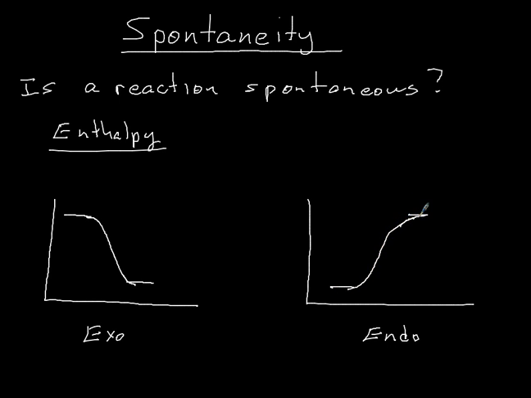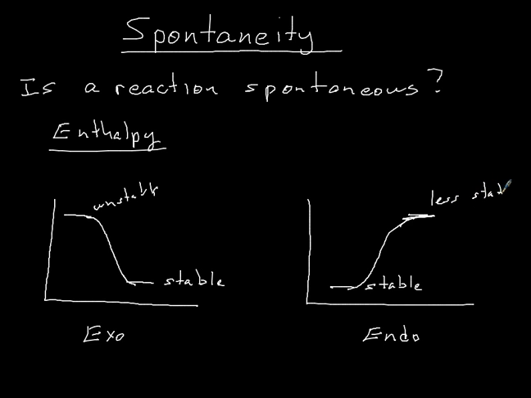And we talked about what is more stable: the lower you are, the more stable. So this would be stable, and this would not be stable, relatively speaking. This would be more stable, and this would be less stable.